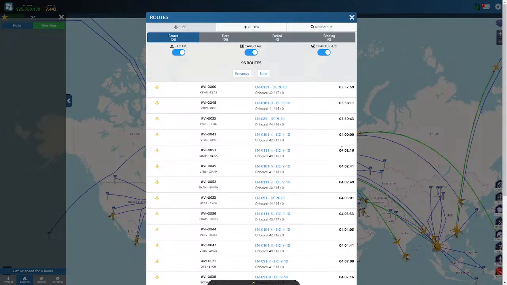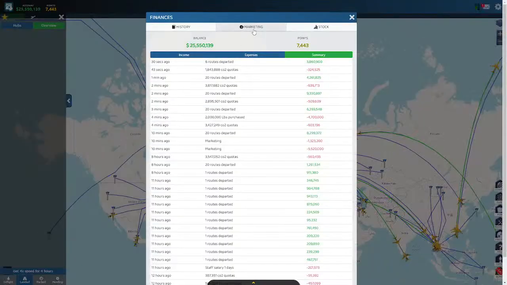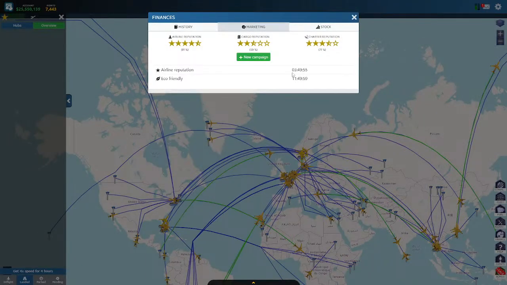Actually more. Well, 23 planes or 22 maybe, or maybe these 3 will extend, because if I look at the marketing now, it's only 349.